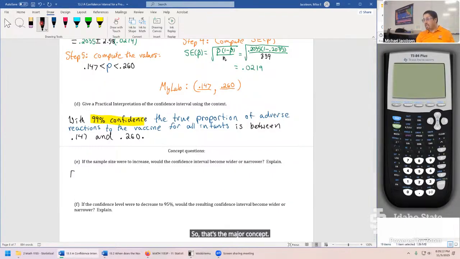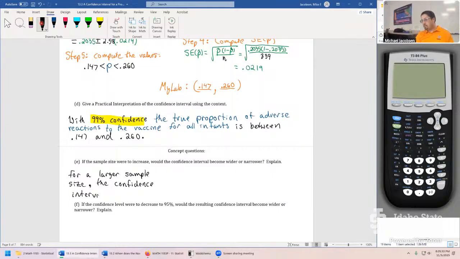For a larger sample size, the interval, let's say in full, just to be specific, the confidence interval becomes narrower.